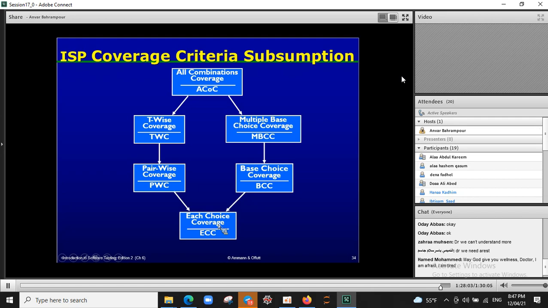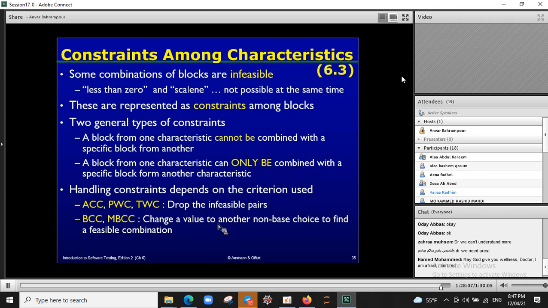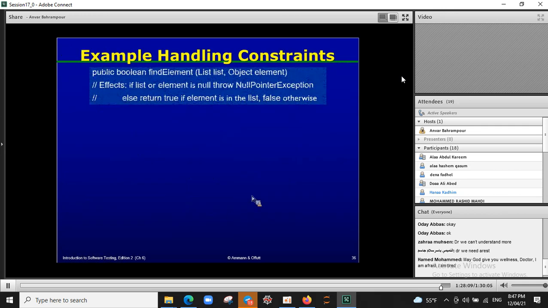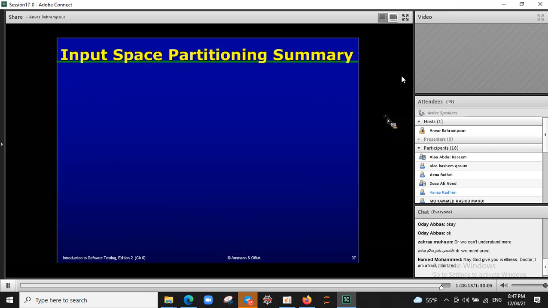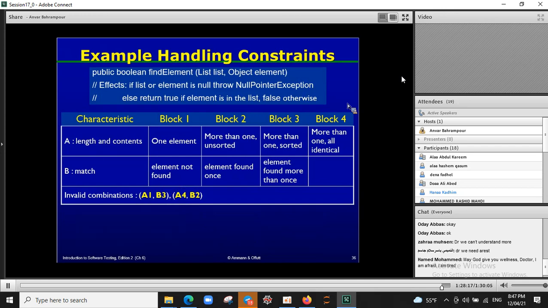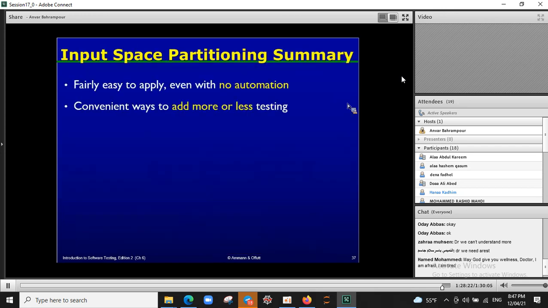So there is no unimportant concept. You could see these 2 extra slides, and this slide is the summary of this chapter.